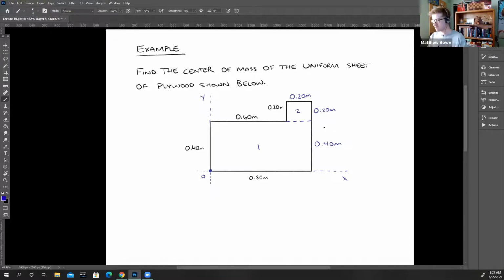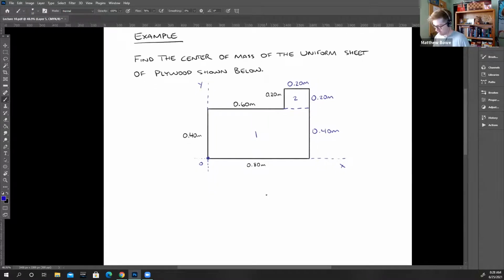In any case, we have these two shapes. We can find the x and y coordinates of the center mass for each of these shapes added together. So let's split it up. Let's first start with the x coordinates.